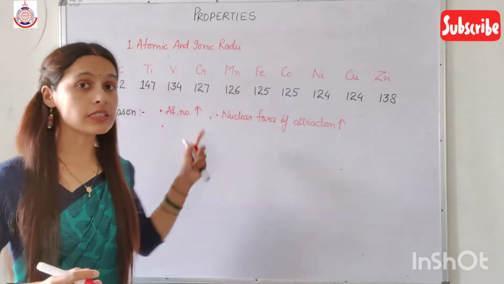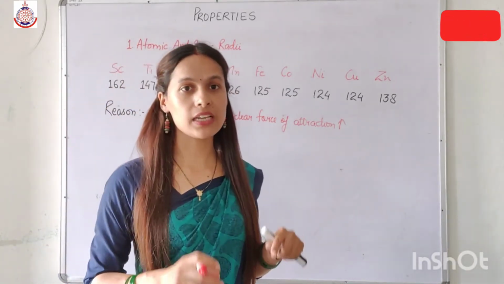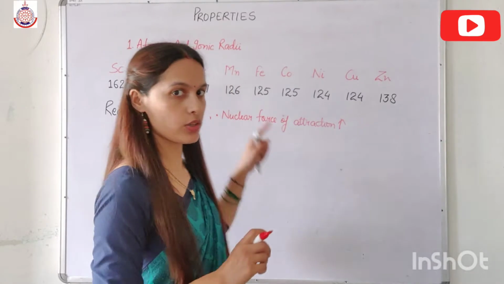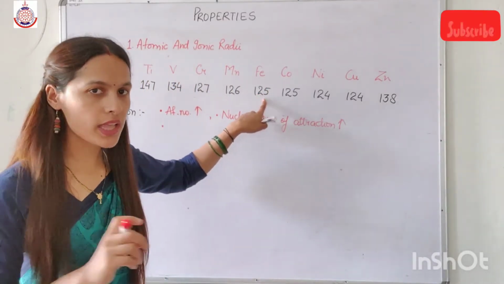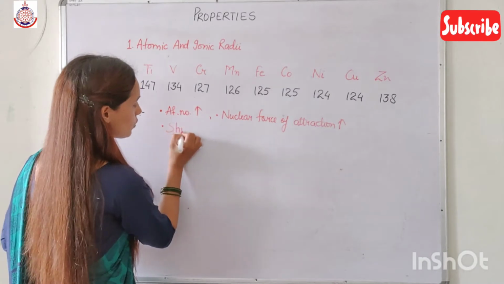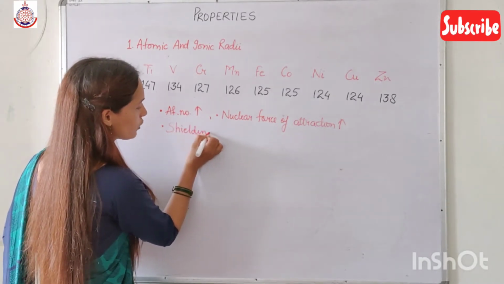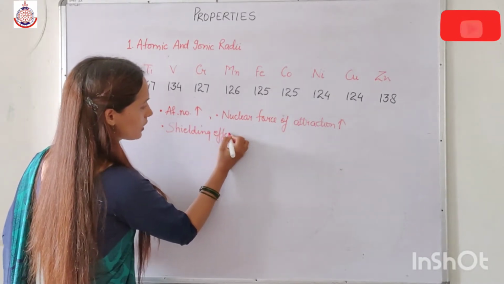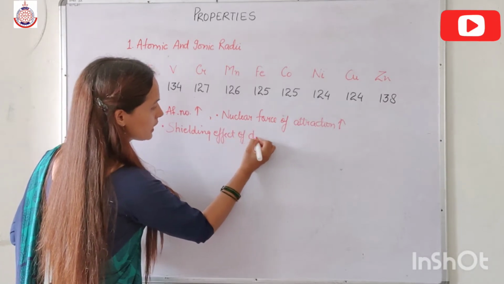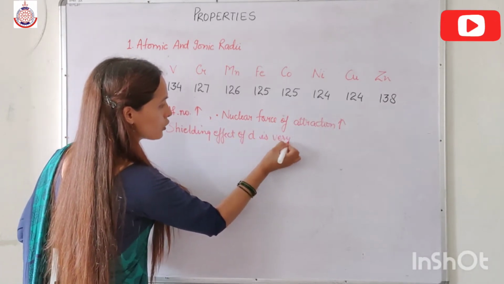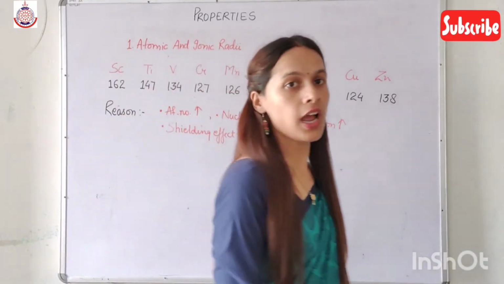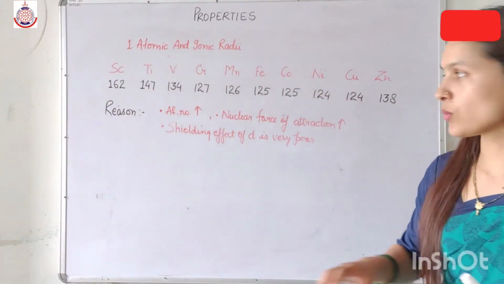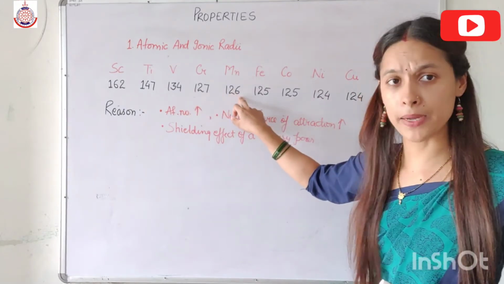And because the coming electron is entering the penultimate D subshell, and we know that the shielding effect of D is very poor, because of all these reasons, atomic radii decreases with increase in the atomic number.